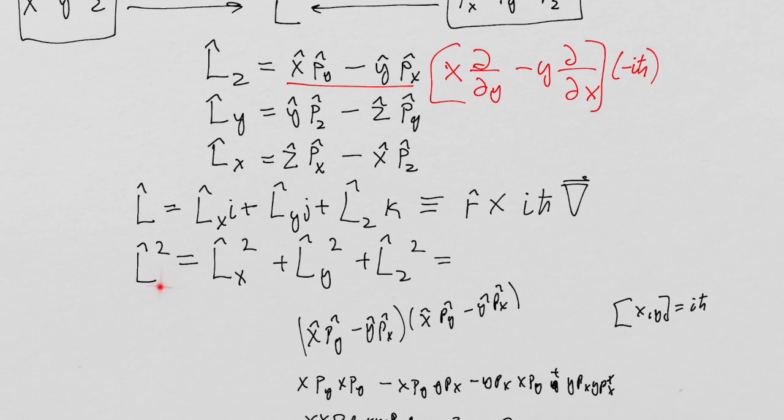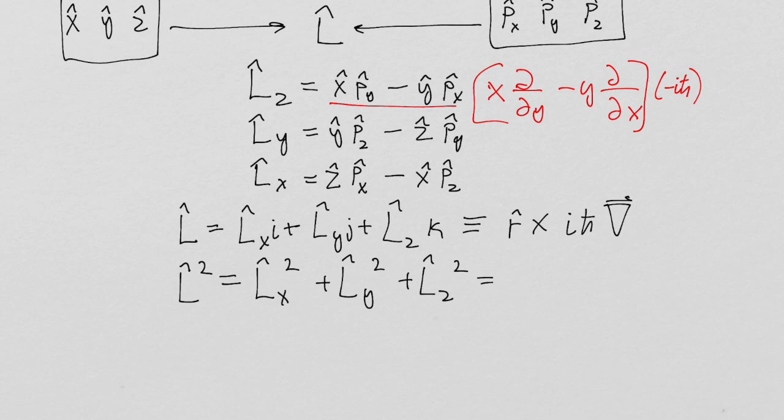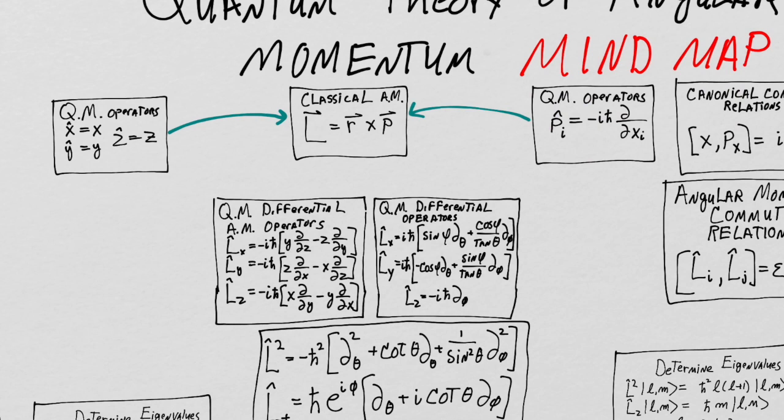And then L squared can be considered as the dot product of L with itself, and you get these expressions here. Let me clean this up a little bit. So that is the process you go through, and ultimately you end up being able to create these guys, right?